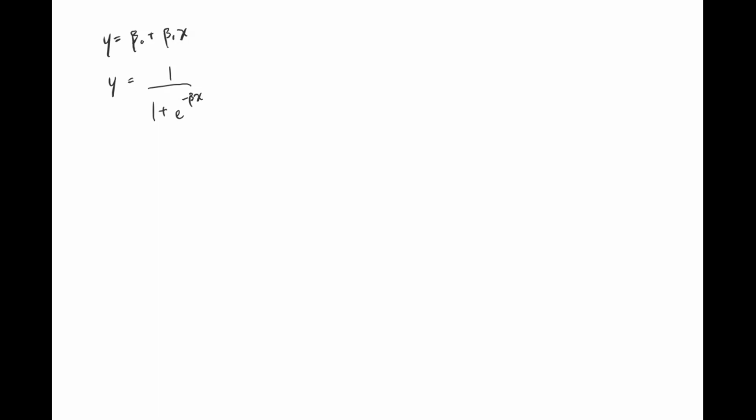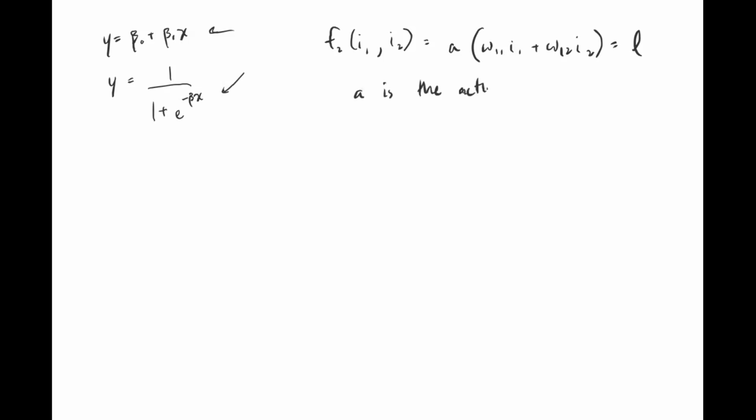And it can generalize into things like the linear model, but also into things like the logistic model. So let's show what this looks like. So all you have to do is actually just have this A in front. So A is the activation function.